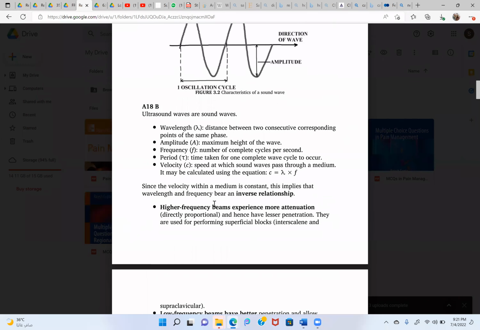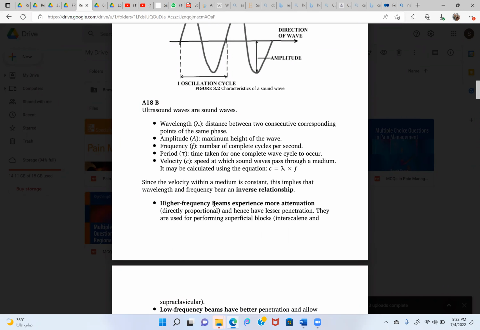If you are using high frequency and low frequency, then for superficial structures you will use high frequency, and as much as you want to go deep, you need low frequency. Usually this is the linear probe which we use.